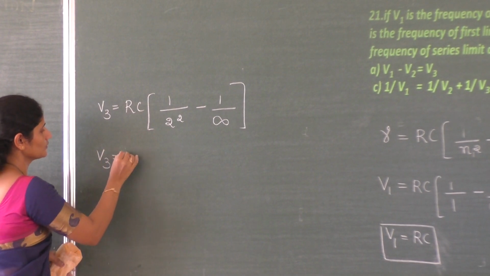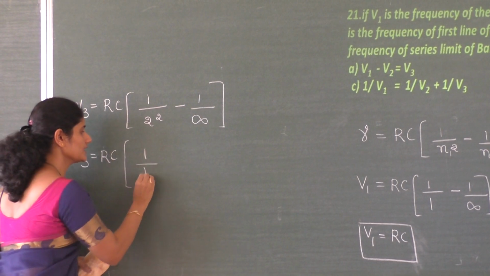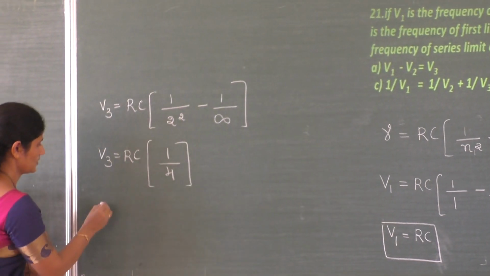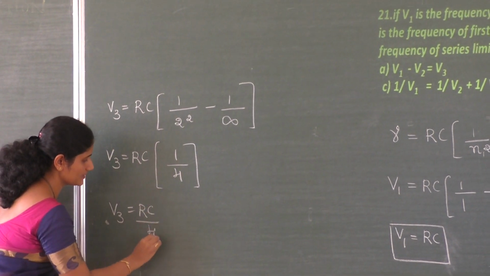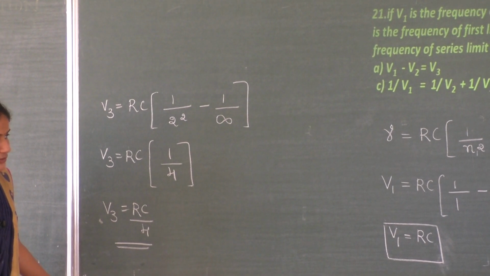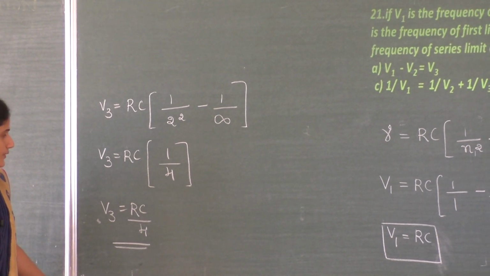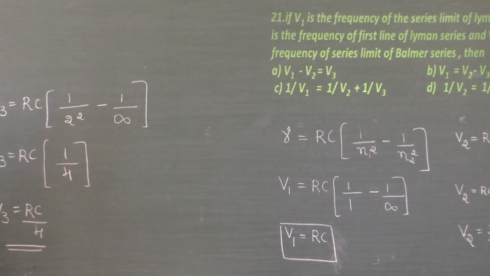V3 is equal to RC, 1 by 4. V3 is equal to RC divided by 4. So V1 is RC, V2 is 3RC divided by 4, V3 is RC by 4.